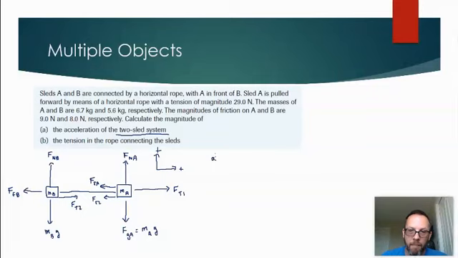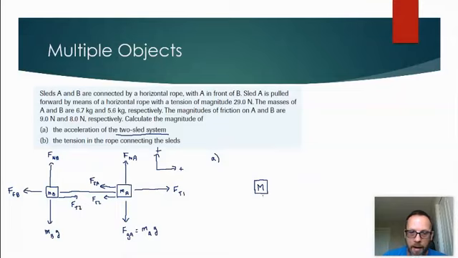So for part A, I'm just going to make sure I have a second slide ready for this, as the work bleeds over. So for part A, let's draw a free body diagram for this two sled system, as if we were to treat them as a single mass.